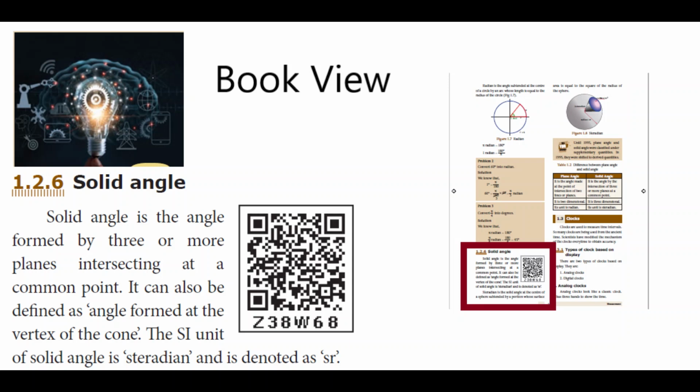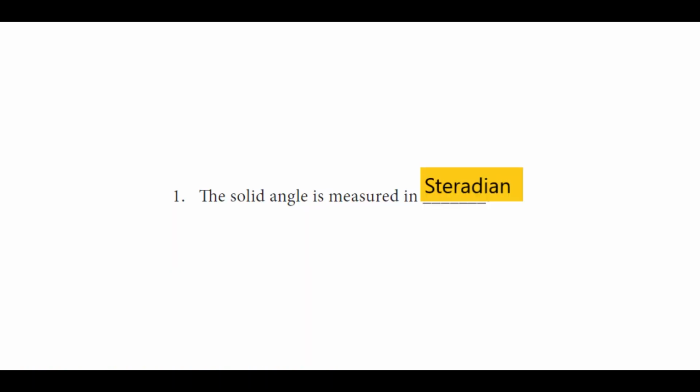The solid angle is the angle formed by three or more planes intersecting at a common point. It can also be defined as the angle formed at the vertex of the cone. The SI unit of solid angle is steradian and is denoted as SR. So the answer is the solid angle is measured in steradian.